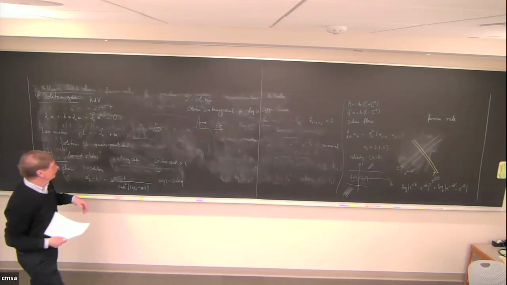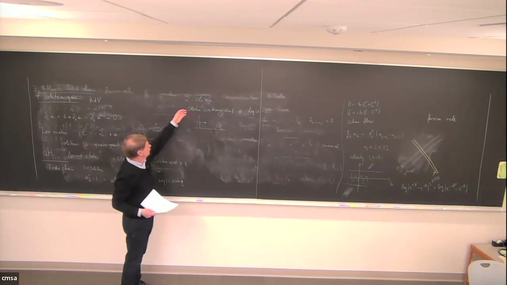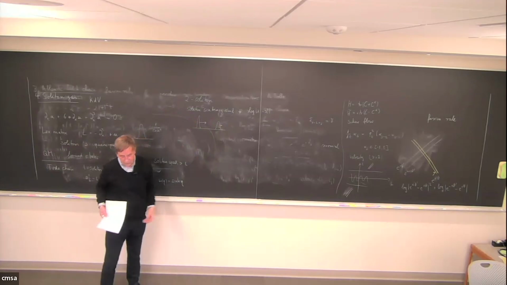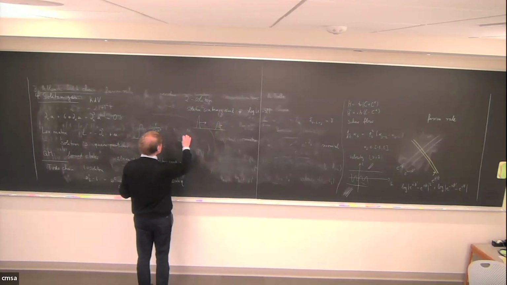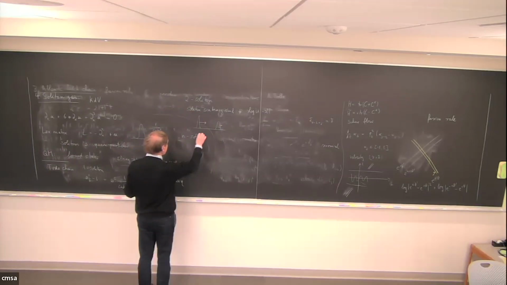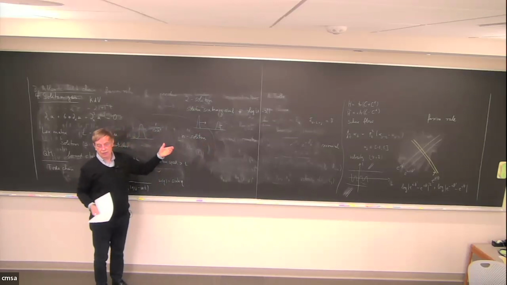Once you have the formula for, let's say, two solitons, this is how they behave. But then there's an n soliton solution, and you can look at the asymptotics of this n soliton solution.